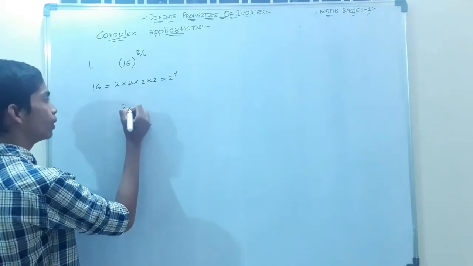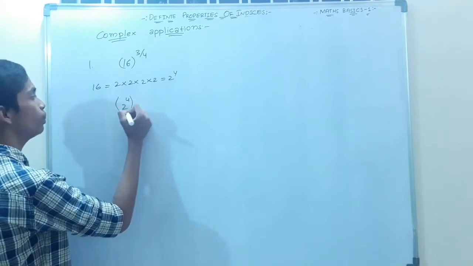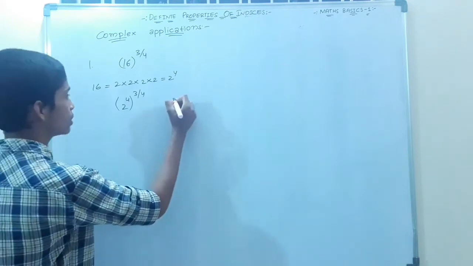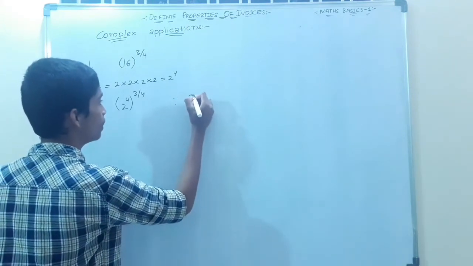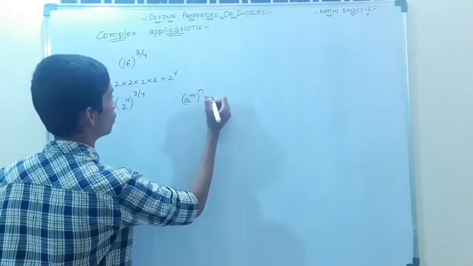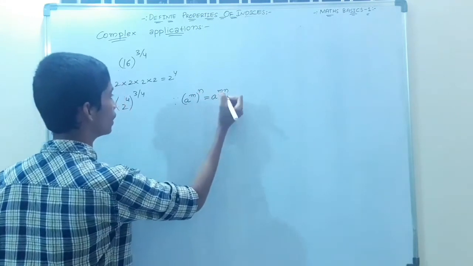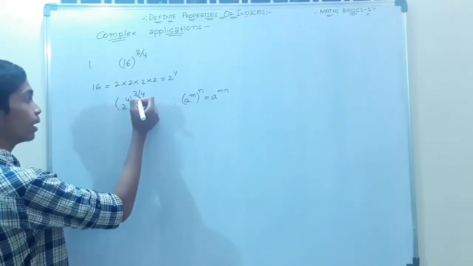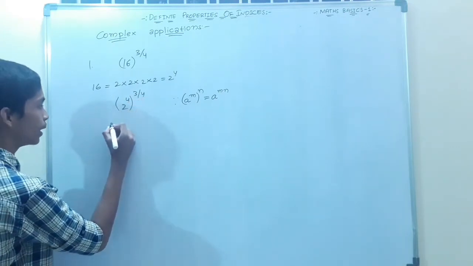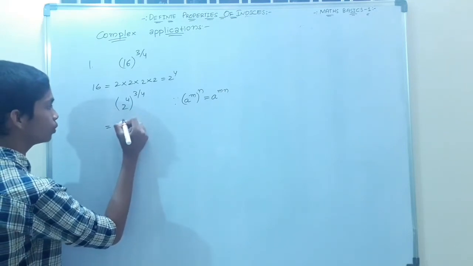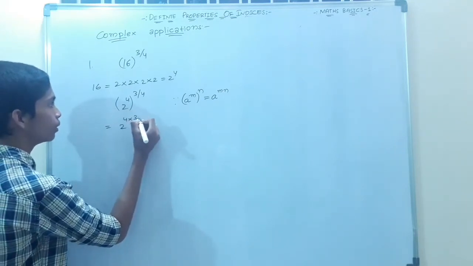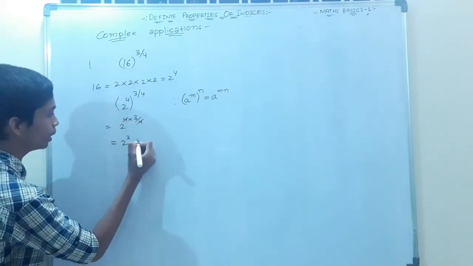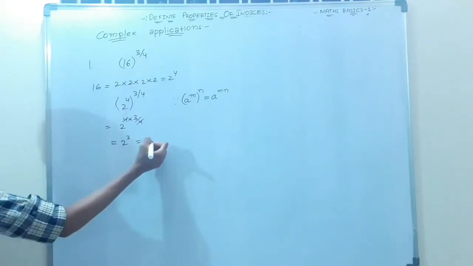So we write 16 as (2 power 4) whole to the power of 3 by 4, and since we have a formula, (a power m) whole power n gives a power m into n, we will apply the same formula here. m is 4 and n is 3 by 4, and we get 2 to the power 4 into 3 by 4, and 4 will be cancelled, and 2 cube is 8. 8 is the answer.